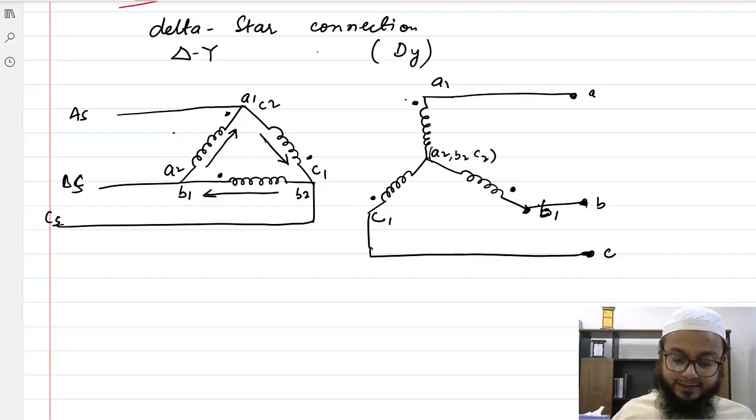Okay, so let's see about the turn ratio. Obviously a:1 is the turn ratio for each phase.